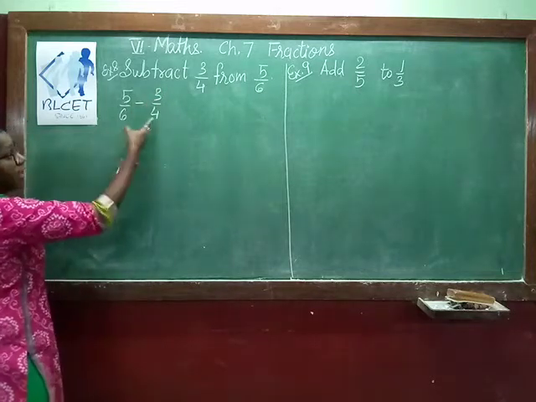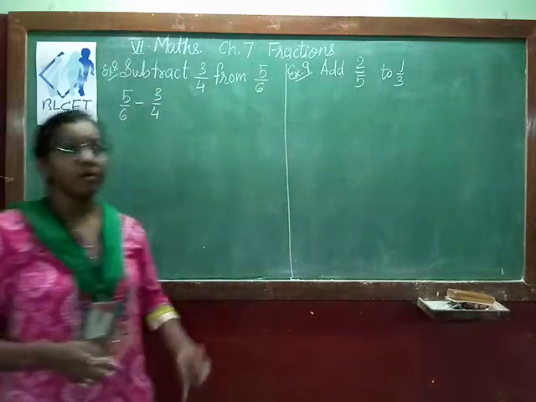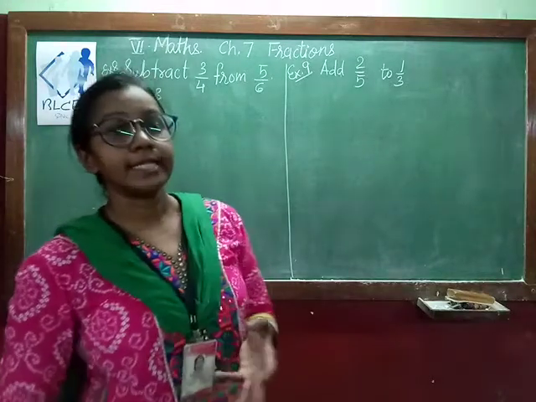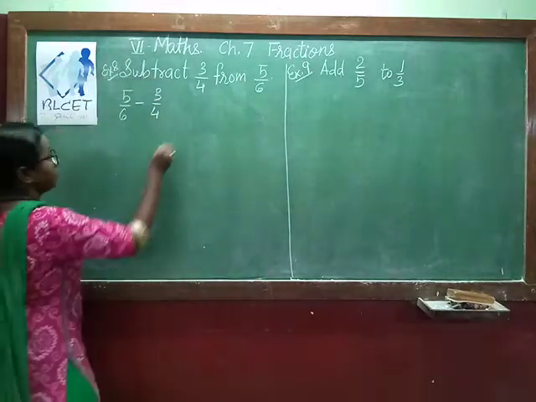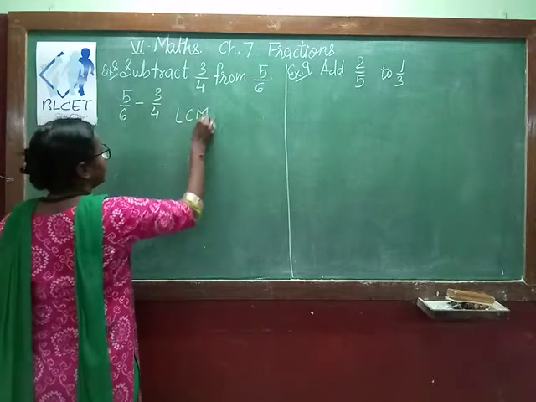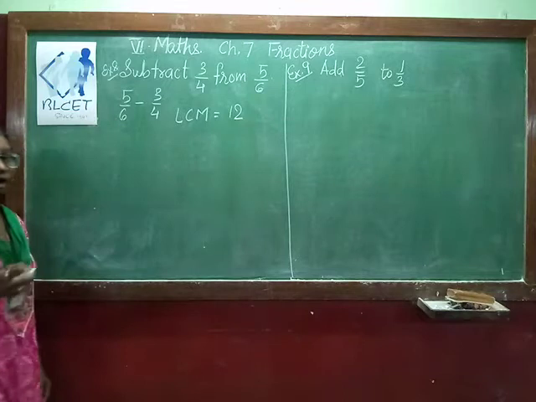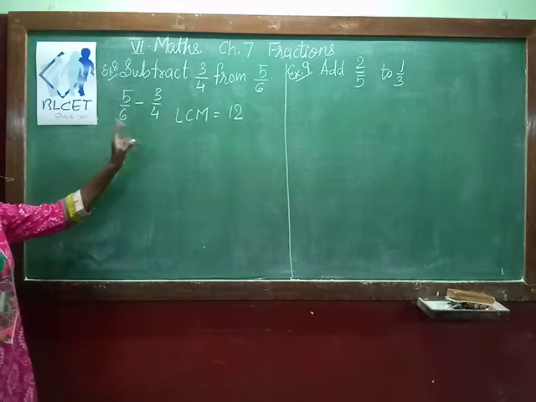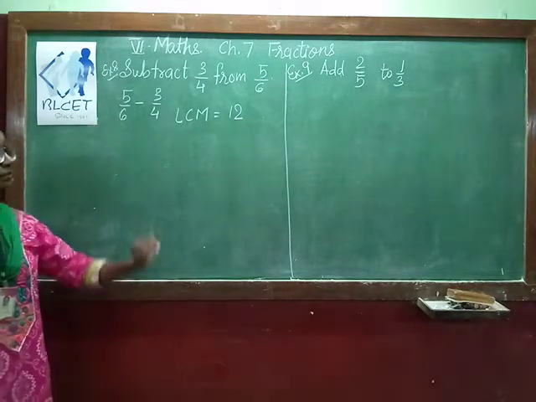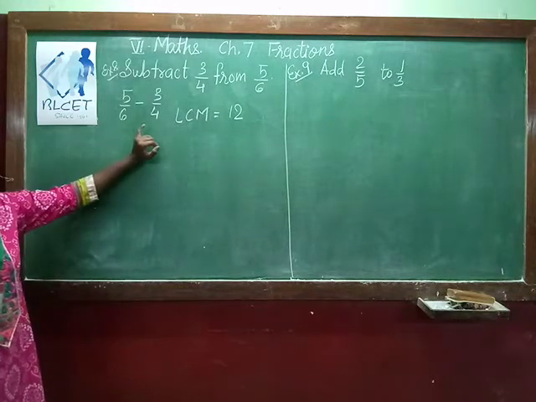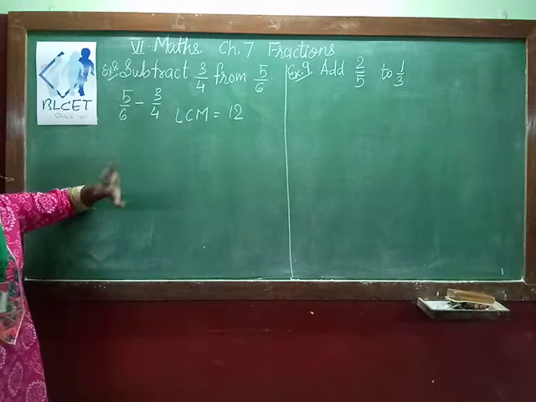So here we have to make the denominators same. For that we have to take LCM of 6 and 4. So LCM is equal to what? 12. You know how to find the LCM, so I will not explain that now. That part you already learned in 4th standard, how to find the LCM.